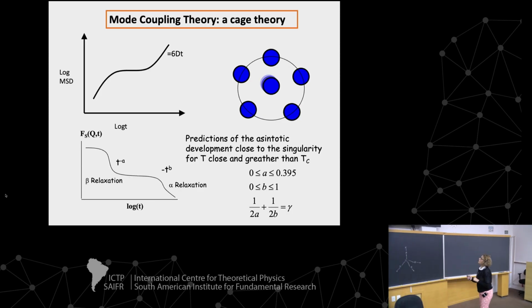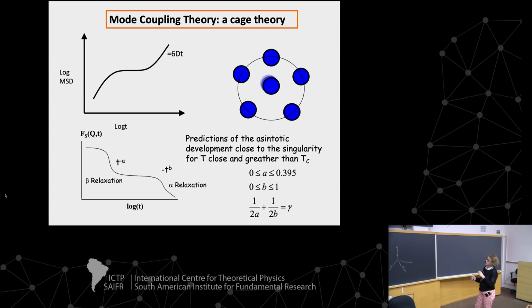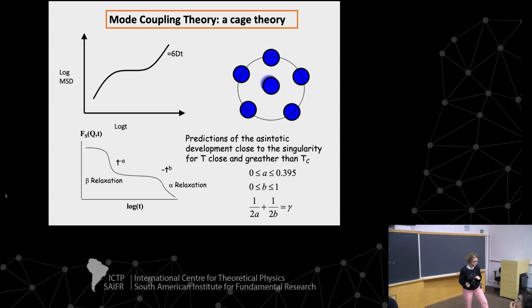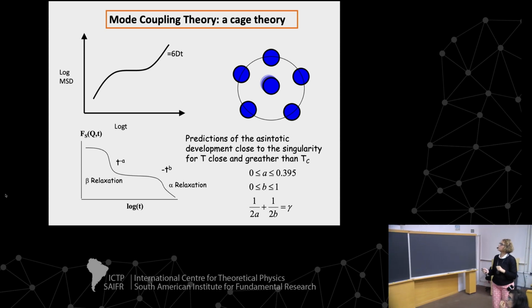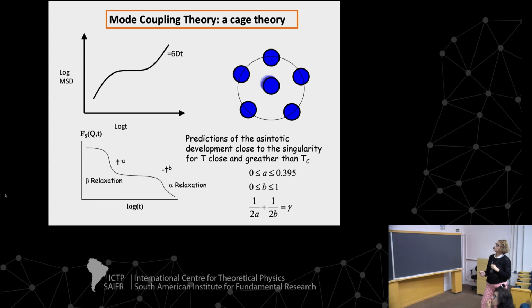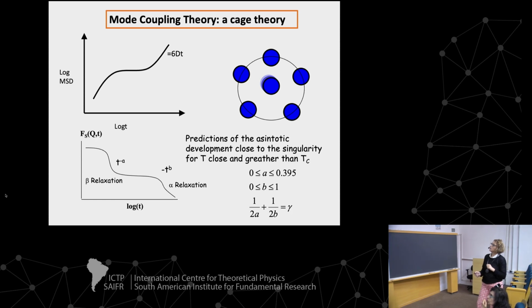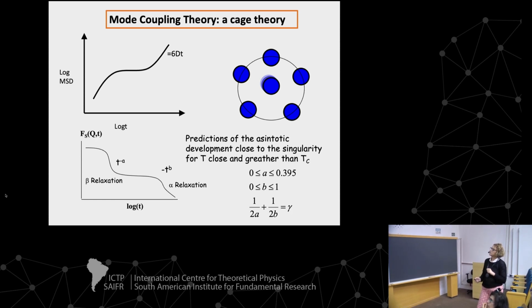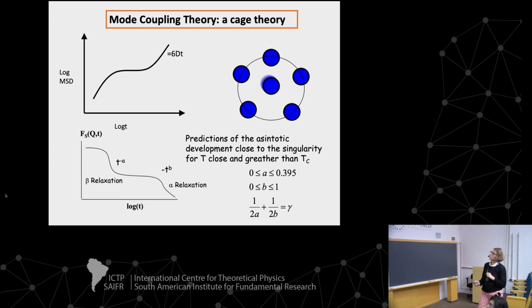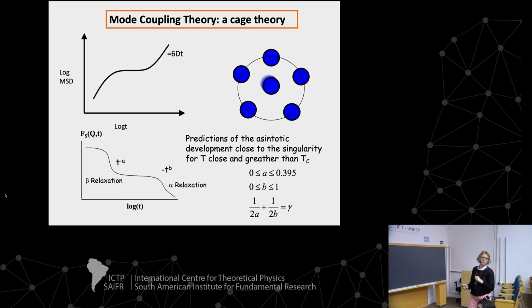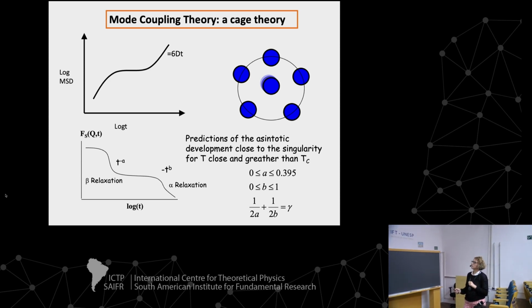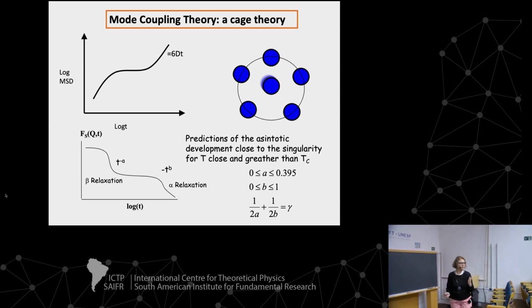Okay, so mode-coupling theory. Let me show you again the picture that I was drawing yesterday, just to repeat the concepts. It is a cage theory. This is the MSD, and this is the F self. Remember that the MSD is the second moment of G over T, so G over T, F self, and S of Q, omega are all describing the same dynamics.